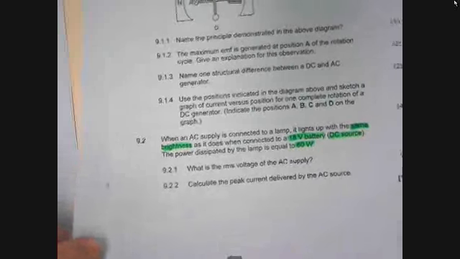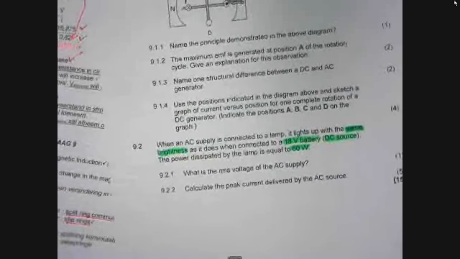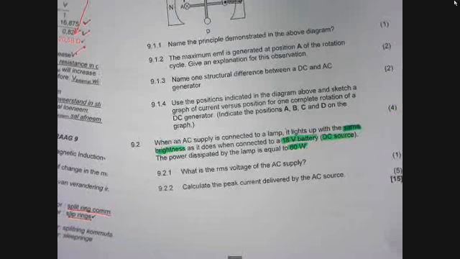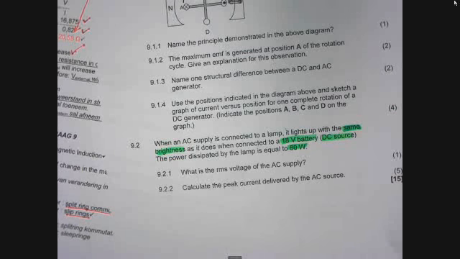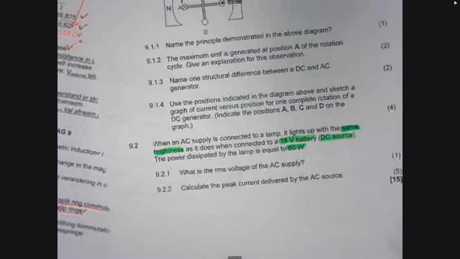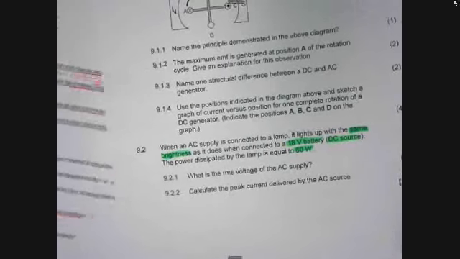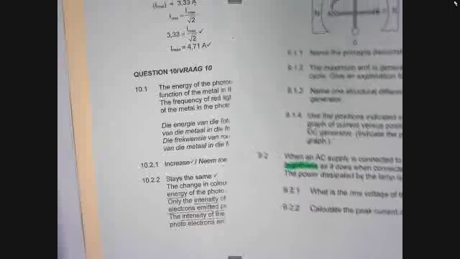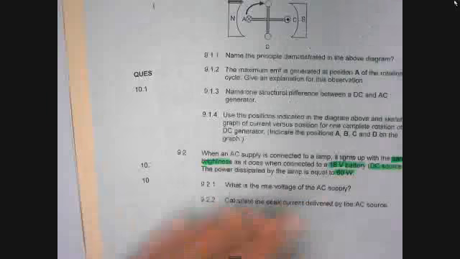Question 9.1.4 is: use the positions indicated in the diagram above and sketch a graph of current versus position for one complete cycle. For the DC generator, indicate positions A, B, C, and D. And there on the memo, there was a slip up.